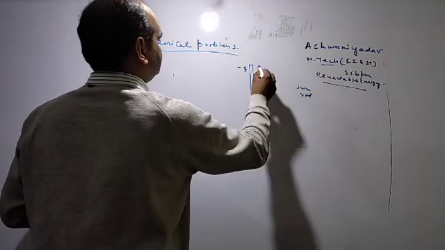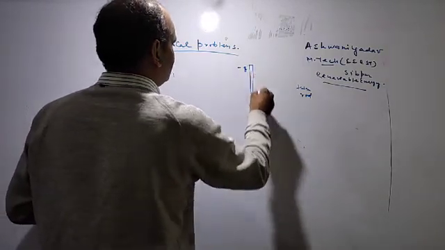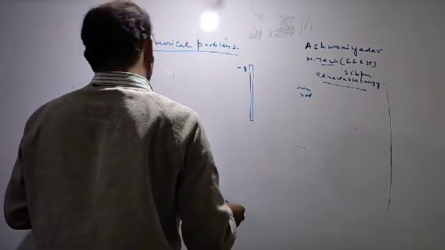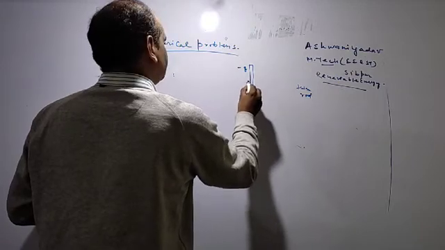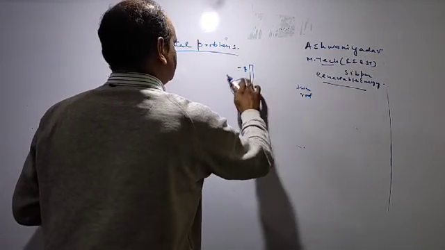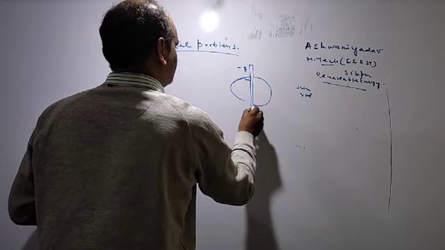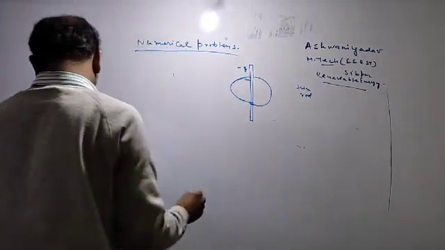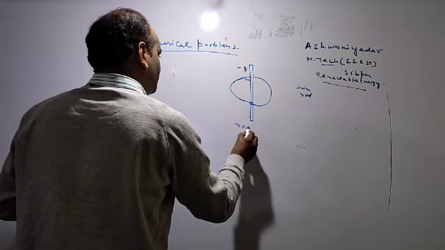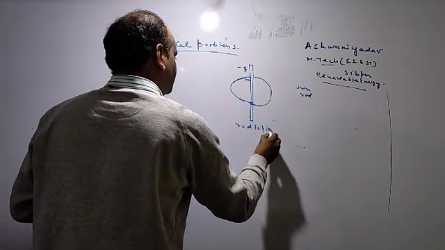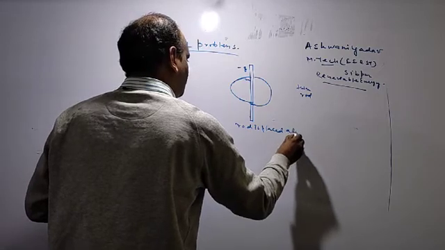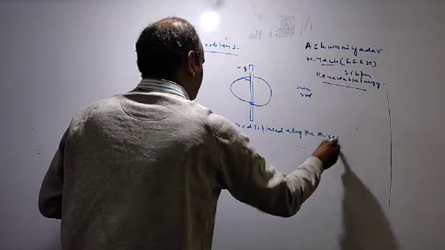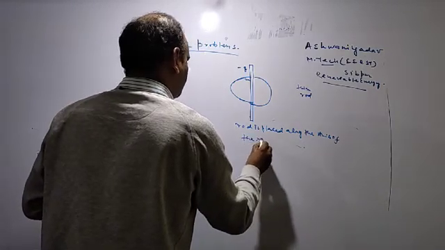Negative charge is distributed along its length, and we have a ring like this, and the rod is placed along the axis of the ring.